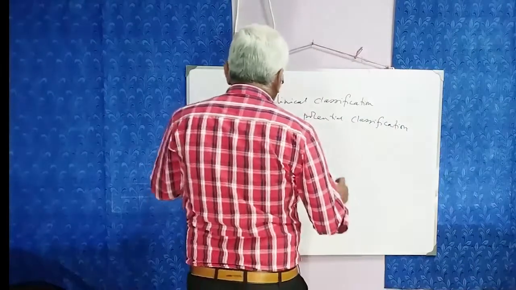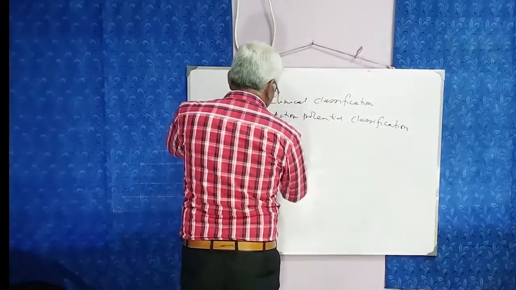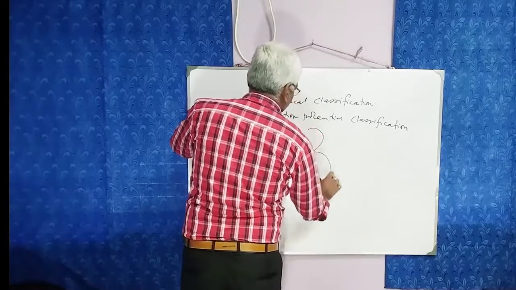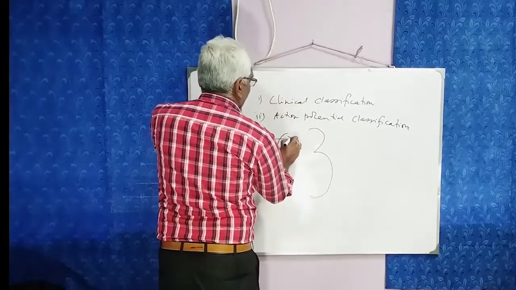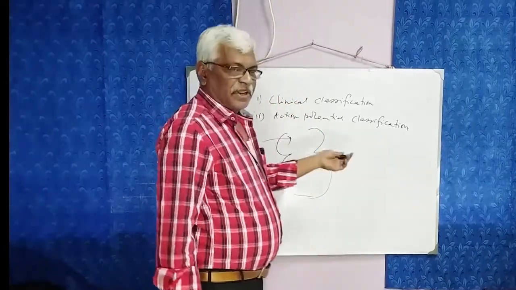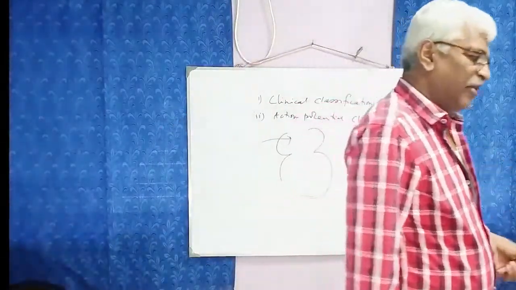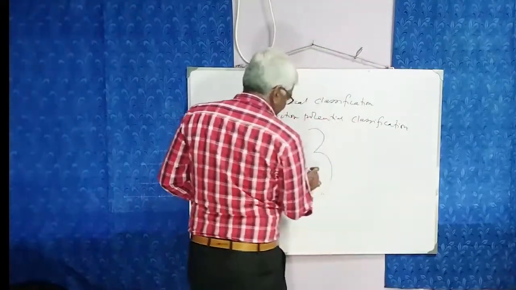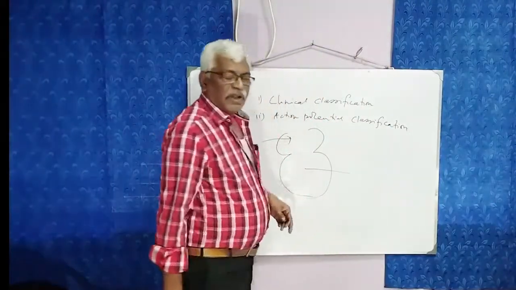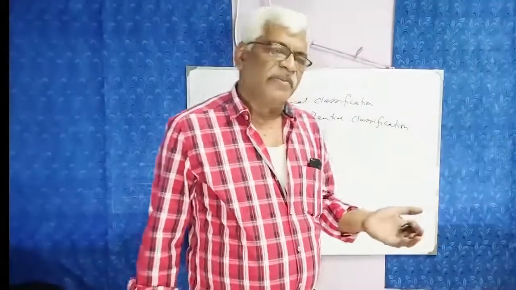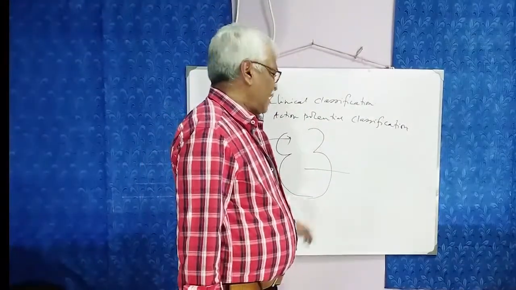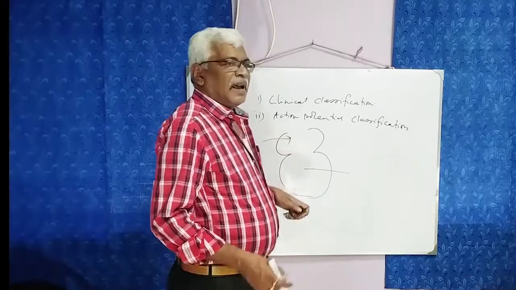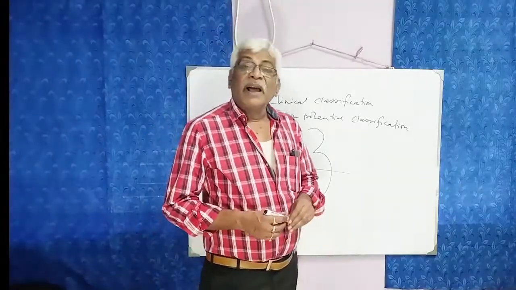Some are effective in supraventricular tachycardia, as for example digoxin, adenosine, or verapamil. There are certain drugs which are effective in the ventricle, as for example lignocaine and phenytoin, these are effective in ventricular tachycardia. And there are certain drugs which are effective in both atrium and ventricle, as for example beta blockers and amiodarone.